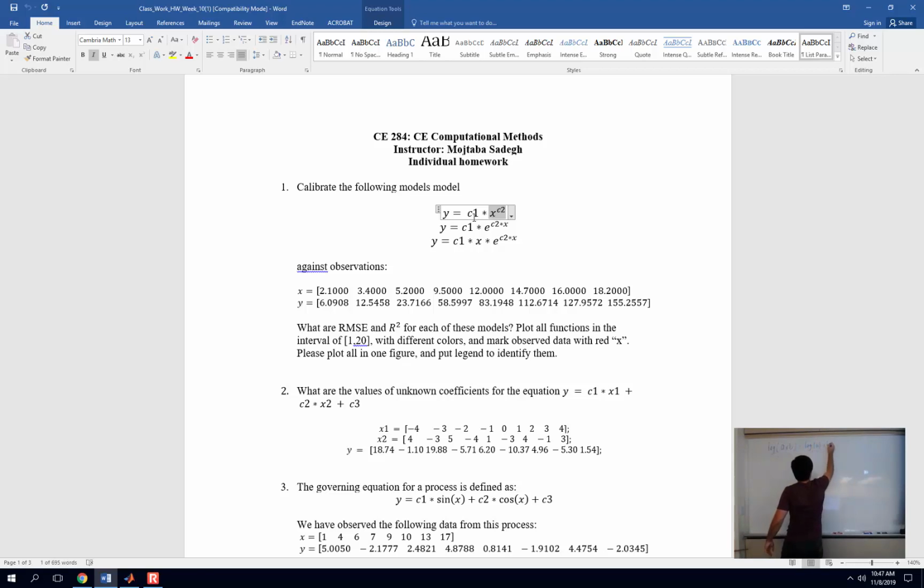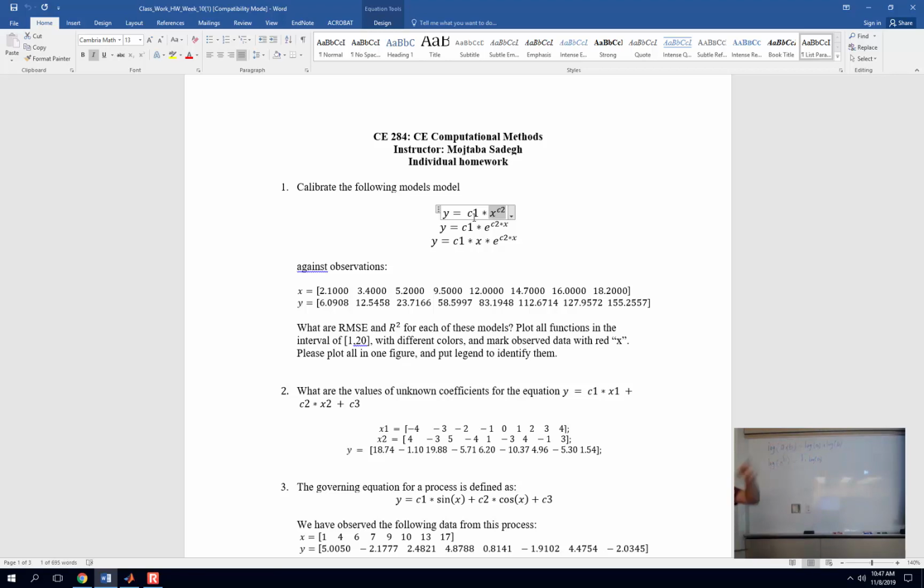What is log of A to the power of B? B times log of A.